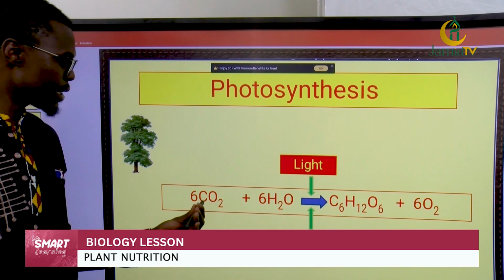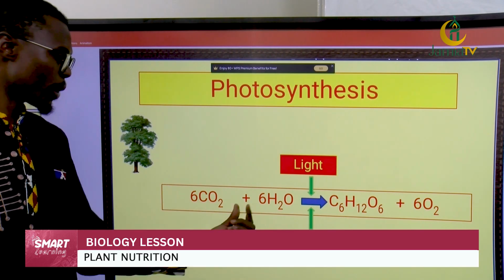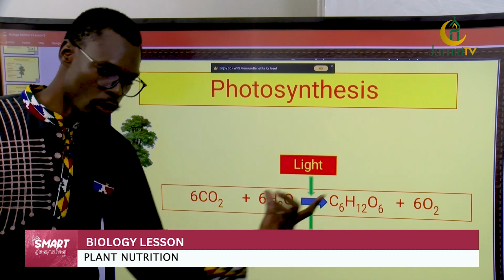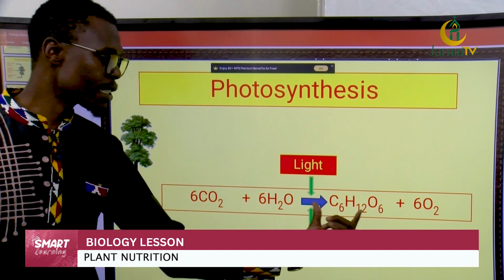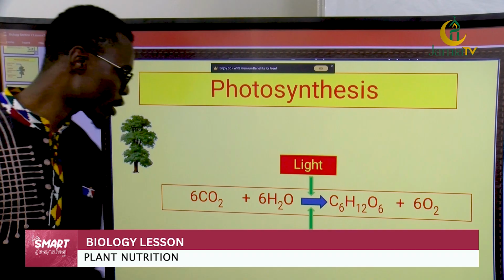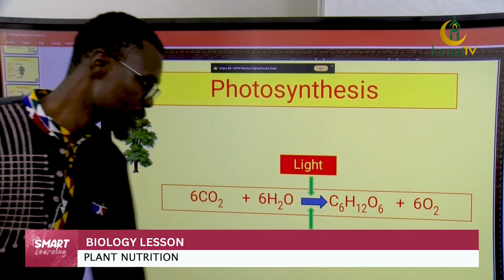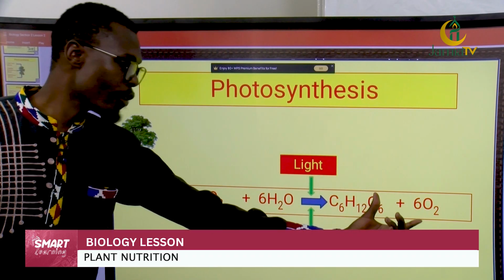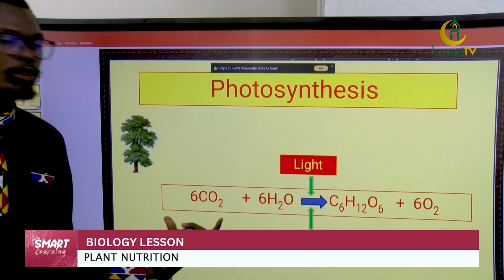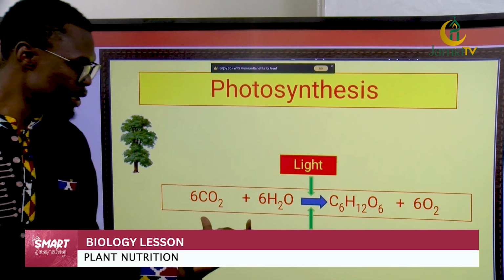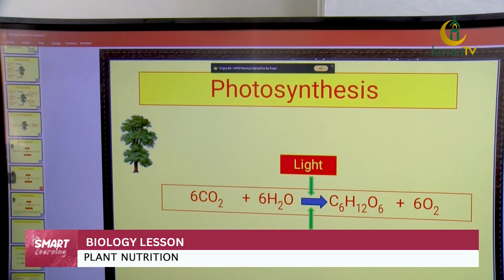Carbon dioxide, CO2, plus water, that is H2O, will give you glucose, a simple sugar, and oxygen. You just balance it 6, 6, 6. So you have to know the products, and you have to know the two raw materials which are required in photosynthesis.